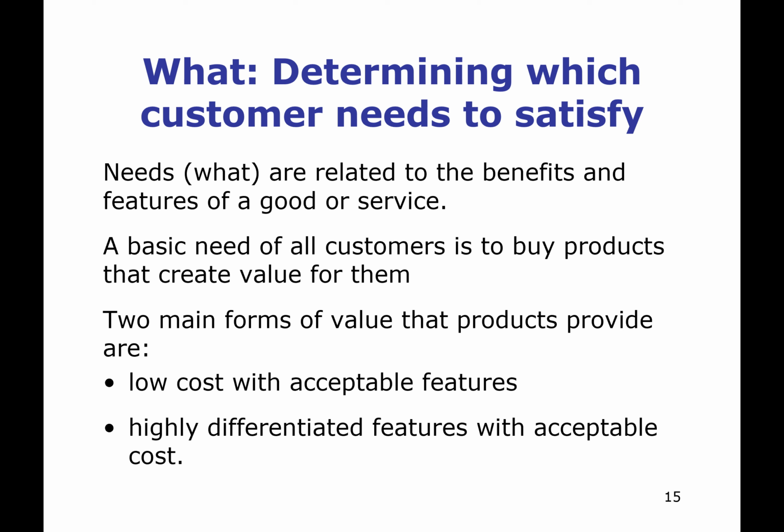They either gain value because it is low cost with acceptable features, or it's highly differentiated features with acceptable cost. Low cost, acceptable features, highly differentiated, acceptable cost. We're going to come back to those concepts in the second part of the lecture when we're talking about the specific business level strategies.